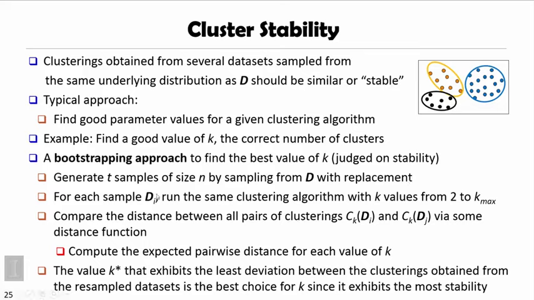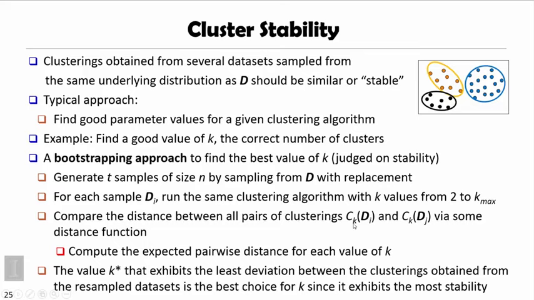Then you get the samples D sub 1, D sub 2, to D sub J to D sub T. Then you run the same clustering algorithm with K values from 2 to the maximum K you like. Then you can compare the distance between all the pairs of clusterings.